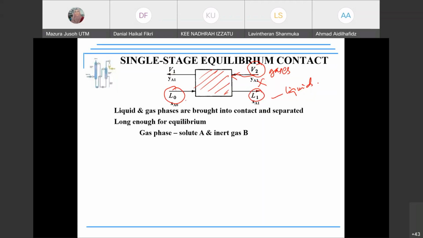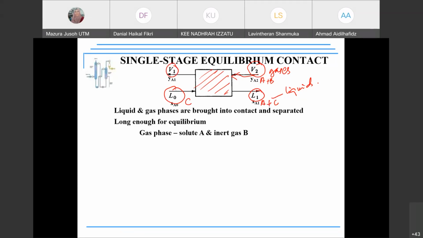So now this is C, let's say, and this is A plus B. When A is transferred into C, it's going to be in L1. Here you will have A plus C. And what's left over here in V1?